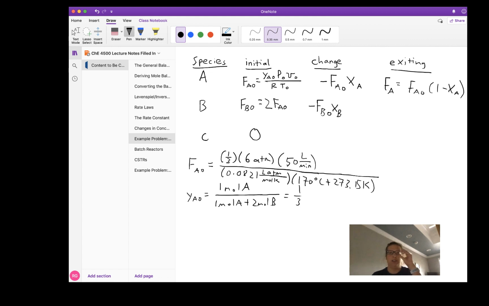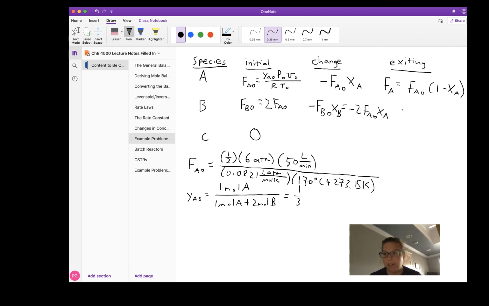And the change is going to be equal to the initial flow rate of B times the conversion of B. A and B are always going to be related through stoichiometry in the reaction, and since they're fed at a stoichiometric amount, we can say that the flow rate of B is always going to be equal to 2 times the flow rate of A. That means the change in the amount of B is always going to be equal to 2 times the change in the amount of A. So that means that we can say that this is equal to negative 2 FA naught XA.